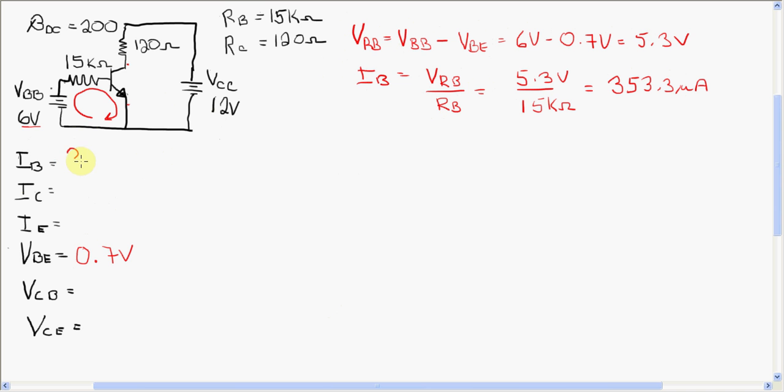I'll put that over here because we're going to run out of space. 353.3 microamps. Okay, so now we have a base current.